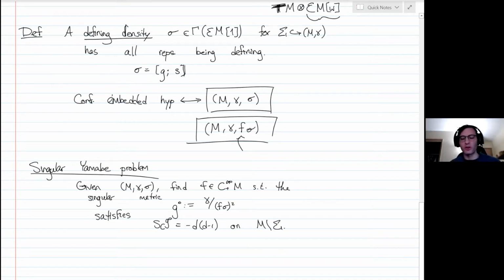It's clear the singular metric is not defined along the hypersurface. It blows up, it goes to infinity. So we just want that the scalar curvature is constant, very, very close and nearly up to the boundary, but not quite there. And so it turns out that solving this problem, finding this f, uniquely determines your sigma.